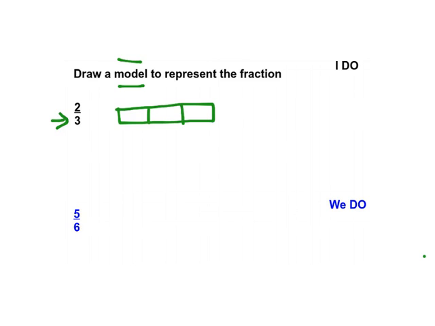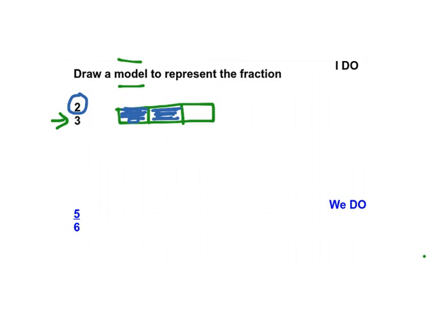So I'm going to draw a fraction bar with exactly 3 parts, but I need to try to get them as close to the same size as possible. Now, how many pieces am I going to shade in? That answers my question. So it's my numerator. So I'm going to shade 1, 2.